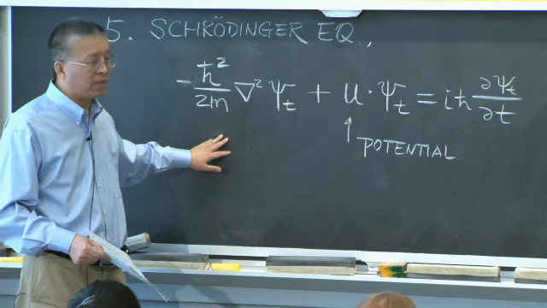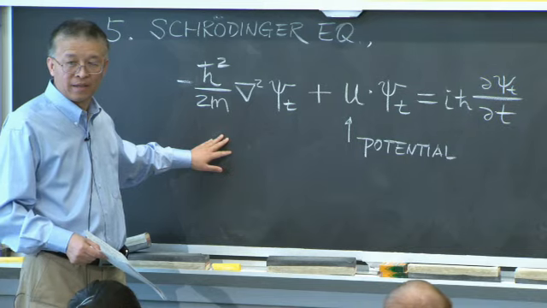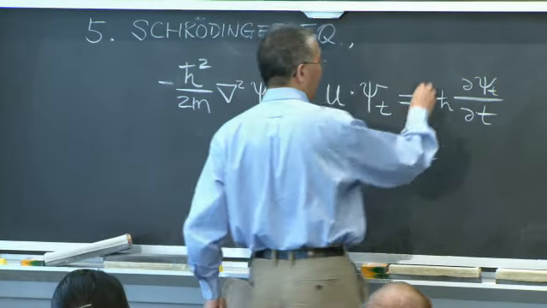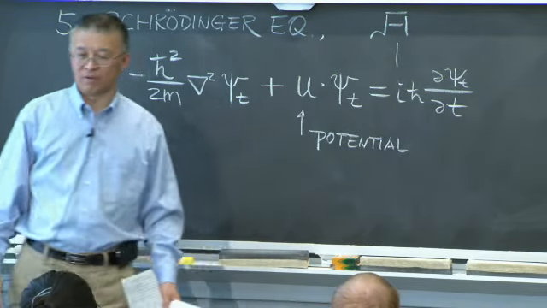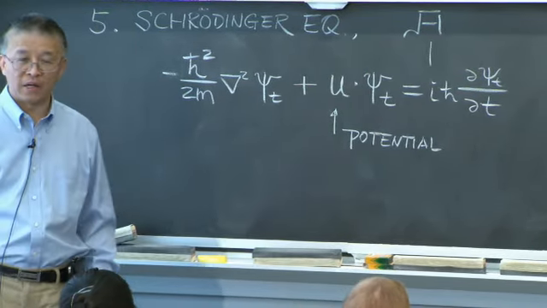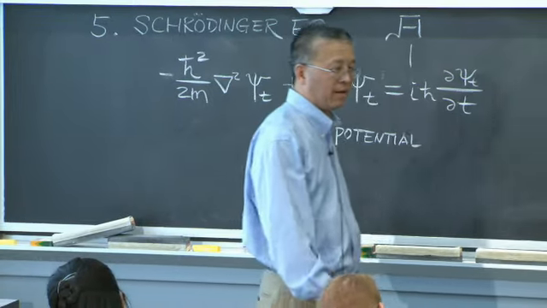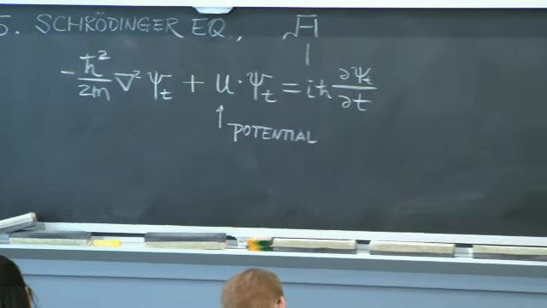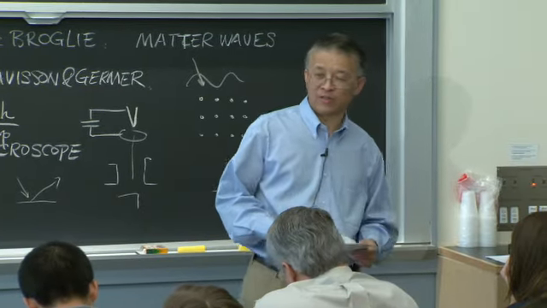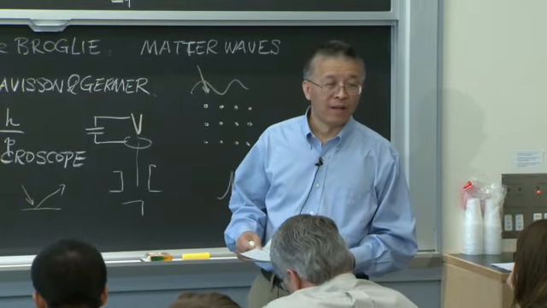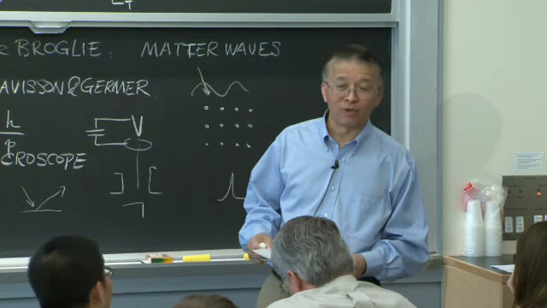So the magic came from that i, right? This i is the negative square root, the imaginary number there. If you think about any other equation in physics that has i, is there any other equation that has i? Euler equation.